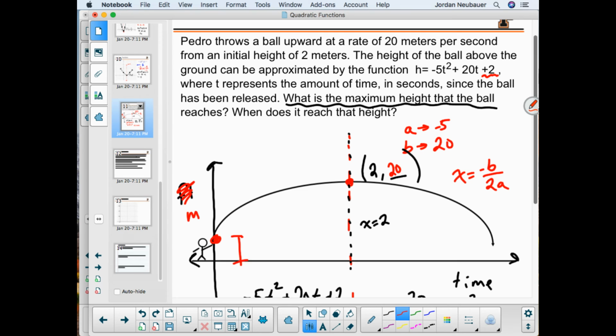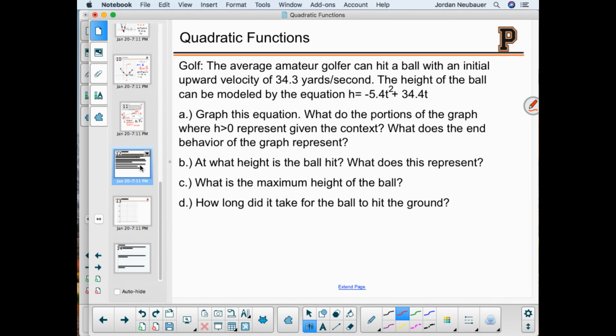So it's thrown from 2 meters height. It reaches its max height after 2 seconds at 22 meters. Again, we just pulled a lot of that from the same problem.